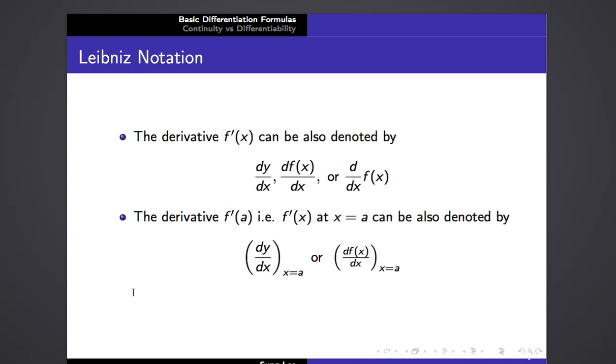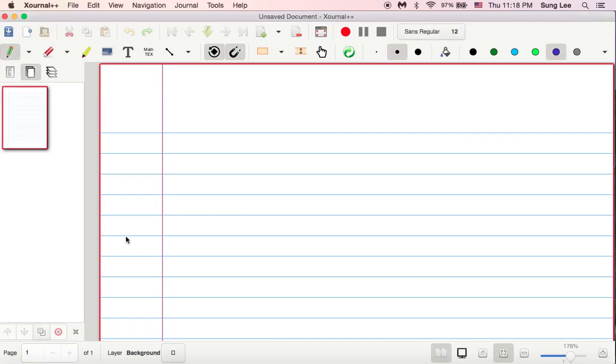Alternatively, I didn't write it there, but you can also use this notation here, dy by dx, evaluated at x equals a. It depends on people. Just something like that.